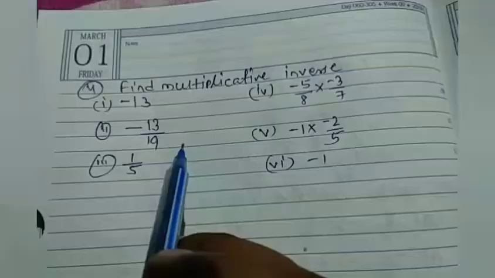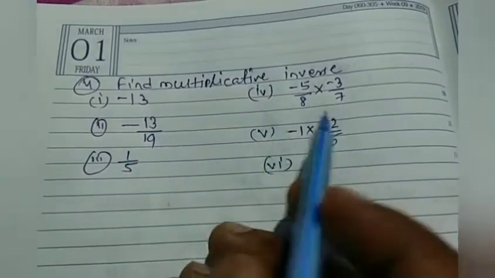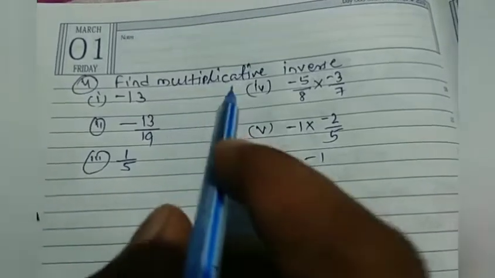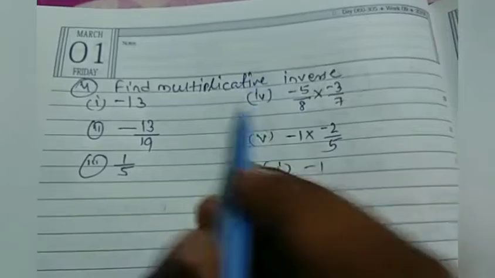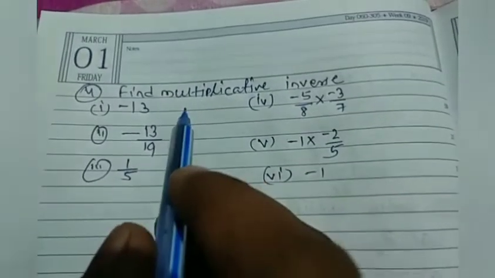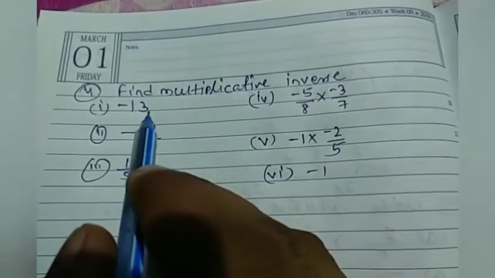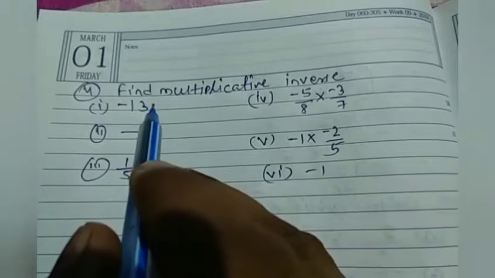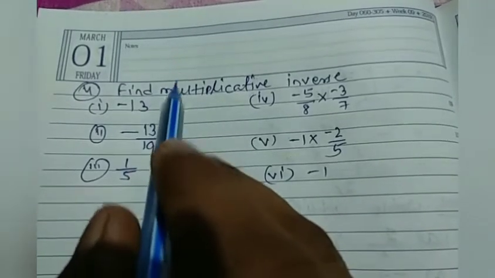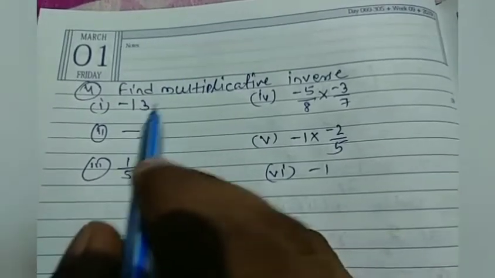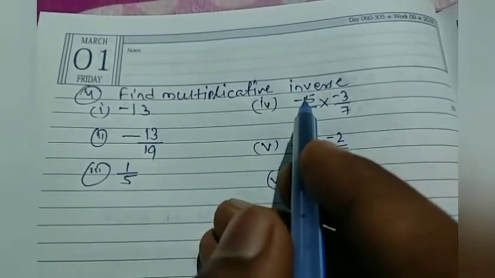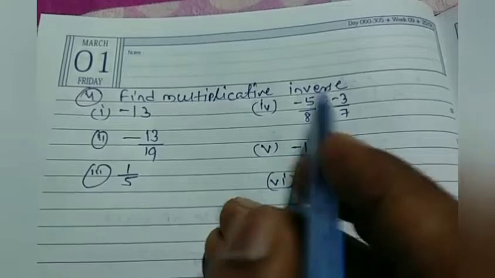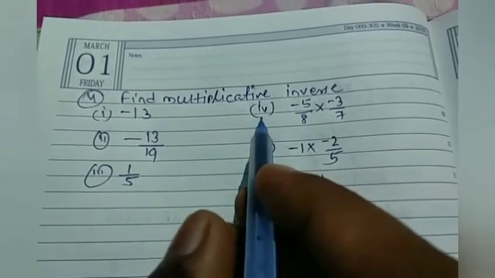Okay, next question is to find the multiplicative inverse of these. For the multiplicative inverse, we have to reciprocate. If it is a whole number, we can write it as 1 by that number, or if it is a rational number, we change the denominator to numerator and numerator to denominator.